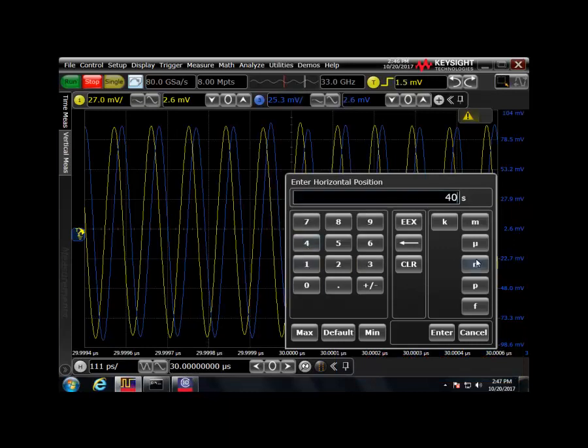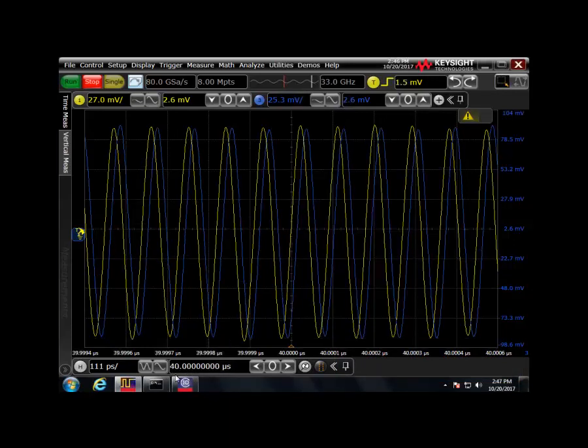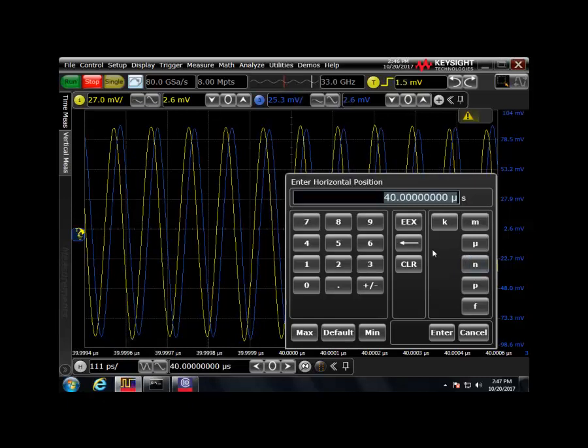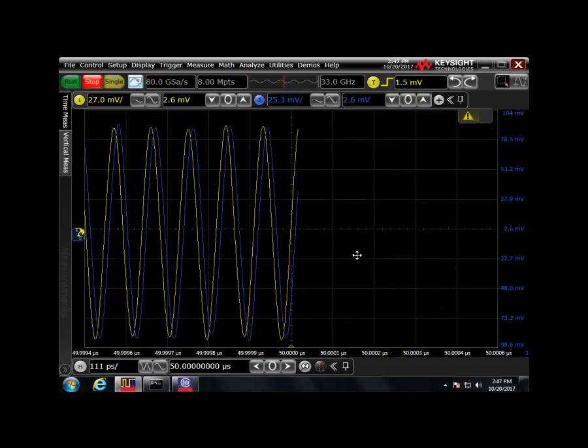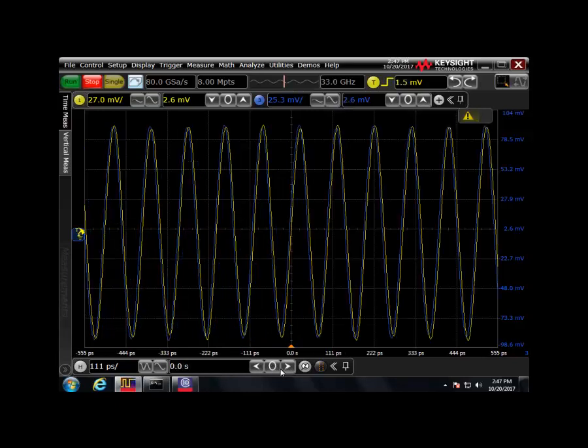If I go to 40 microseconds, continuing to change it to 50 microseconds. And you can see I got to the end of the acquisition. But you could tell that each pulse, one to the next, had a walk that was fixed, modified by a 15-degree increment.